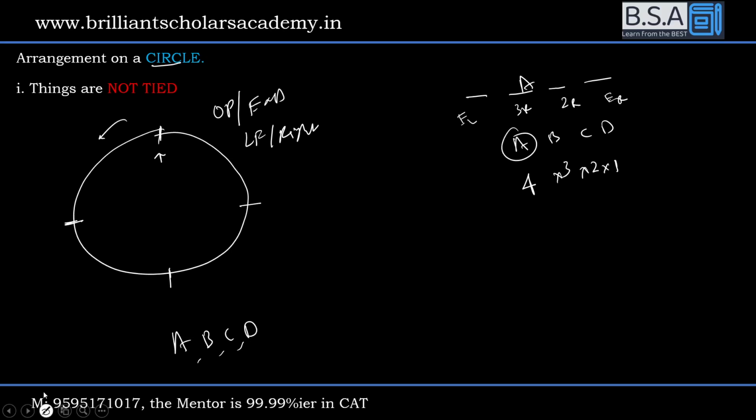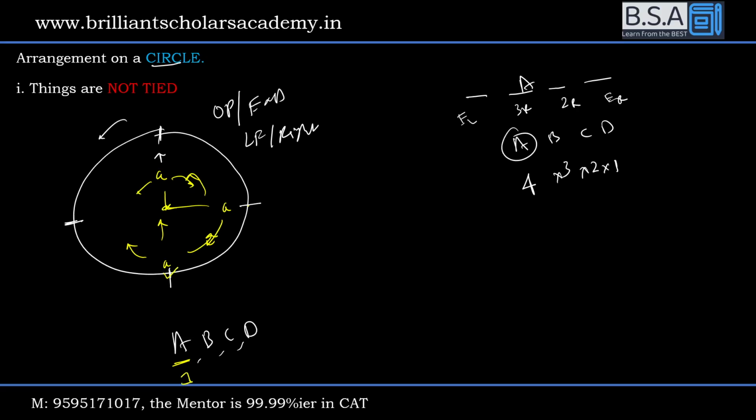What A will say is, when I come to this position, I have one right place, one left place, one opposite. When I come to this place, I have one left place, right place, and opposite. When I come to this place, I see the same thing. There is a left place, right place, and opposite. So first person feels they are all identical. First person feels मेरे को एक ही choice है.